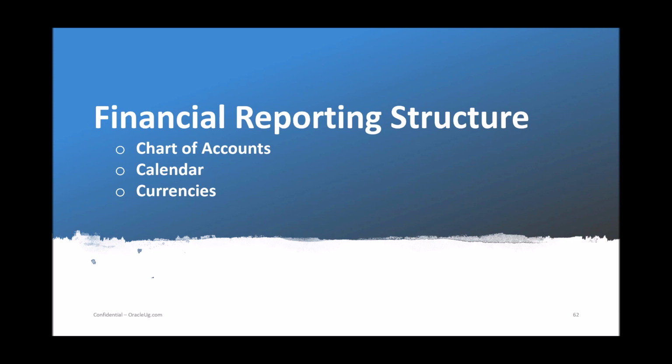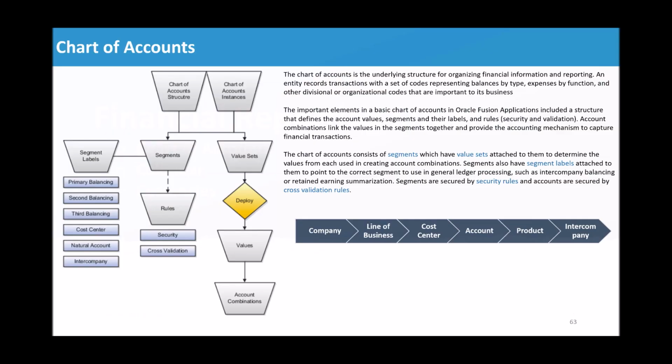So before going into the details, first let's try to understand what we have discussed so far and what is the difference between those structures and financial reporting structure. When we discussed legal entities or operating units or enterprise, all those are physical structures, and those physical structures help you in doing physical transactions or operational transactions.